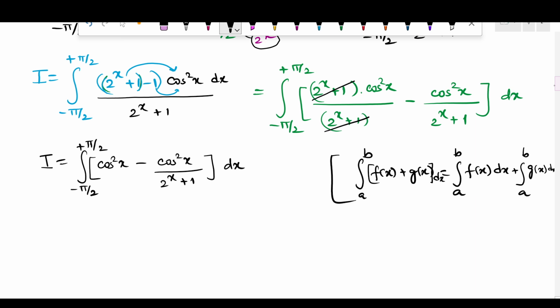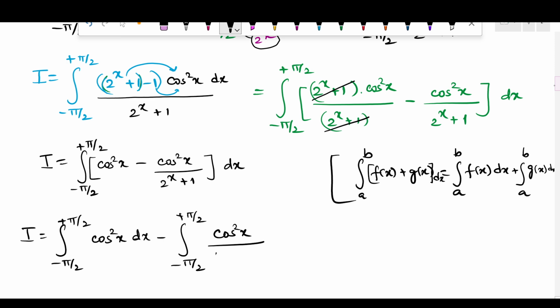We know this. So we have I equals the integral from minus pi by 2 to plus pi by 2 of cos square x dx minus the integration from minus pi by 2 to plus pi by 2 of cos square x upon 1 plus 2 raised to the power x dx, and name it as equation number 1.